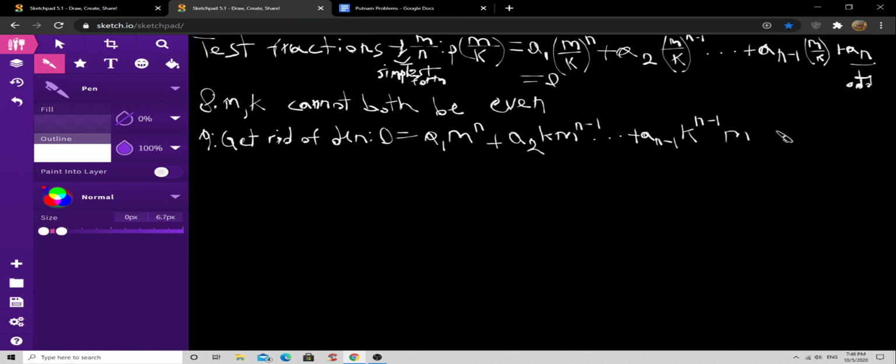Hold on, that might not be correct there. If we multiply by k to the n, it should be correct. Let me just double check the last few.